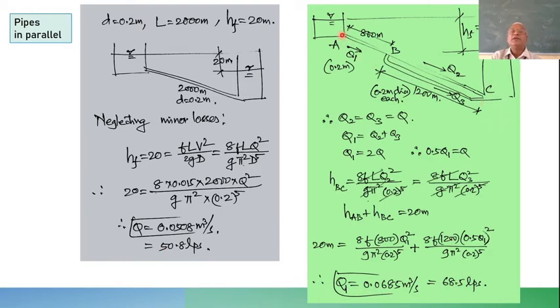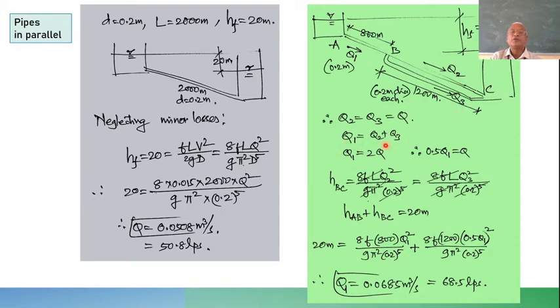Okay, we'll keep the discharge in this particular stretch of the pipe as Q1, and Q1 breaks into Q2 and Q3, right? So to say, we can write Q2 and Q3 is equal to Q, because the same head is lost, same diameter, same length, everything is same, right? Now Q1 should be equal to Q2 plus Q3.